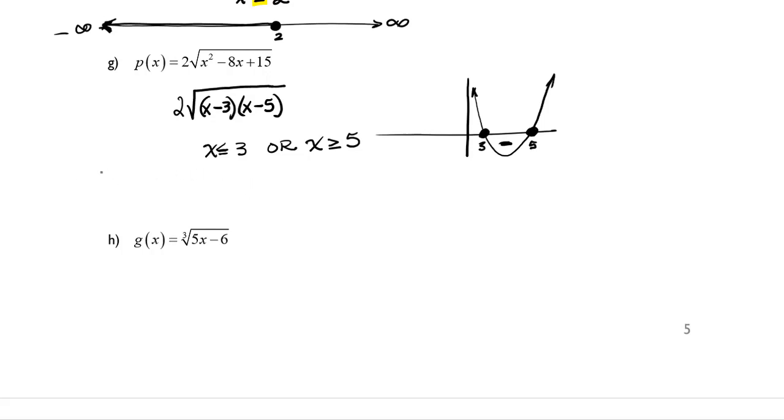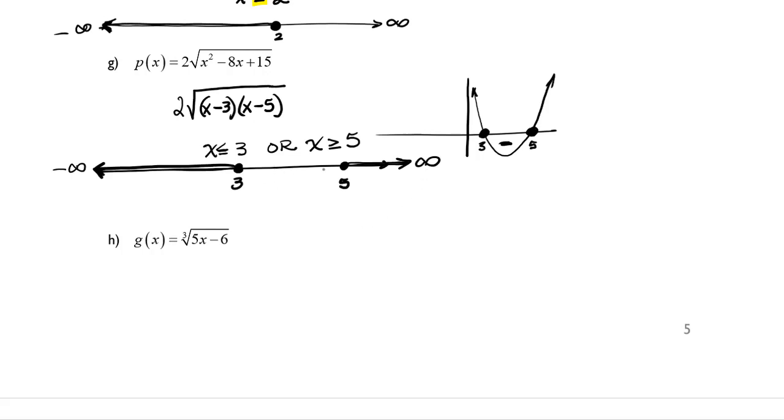So I'm going to sketch a number line. We'll include the point at 3, we'll include the point at 5. Anything to the left of 3 is included. Anything to the right of 5 is included.